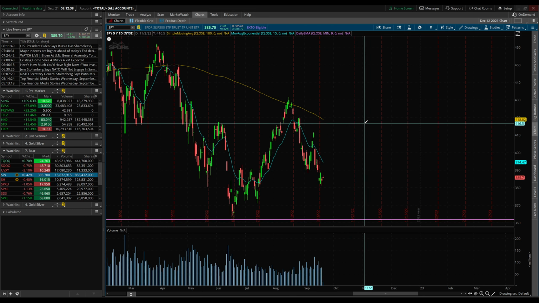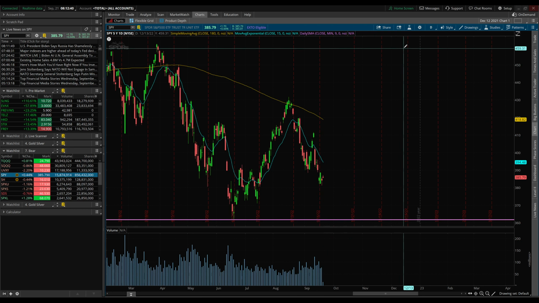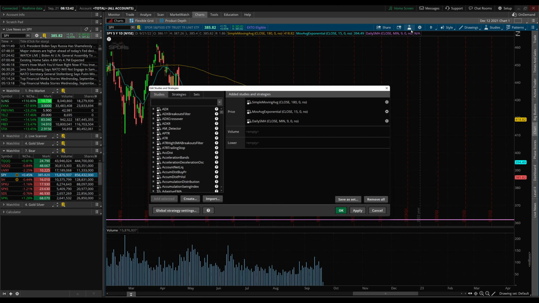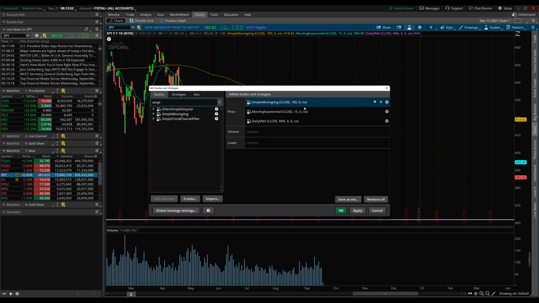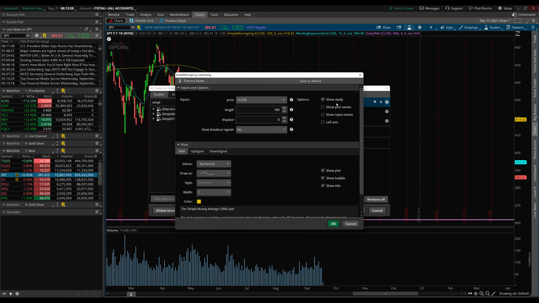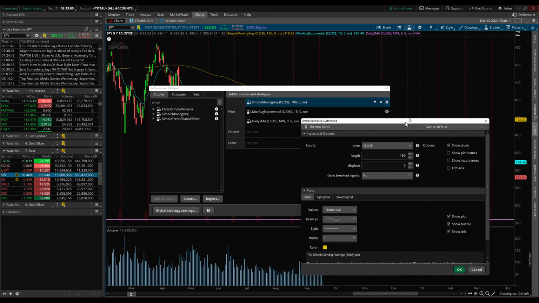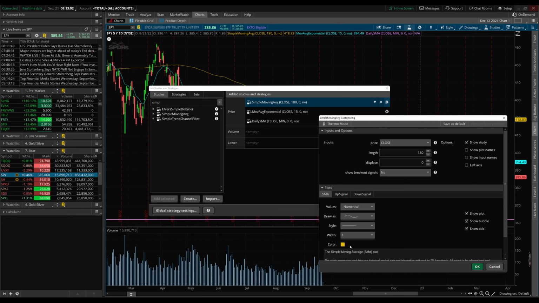To do that, I think we have to go to studies, and then we type in these items right here. So I would type in simple moving average and then double click. Later I have to configure it by clicking here, and basically change this number to 180.